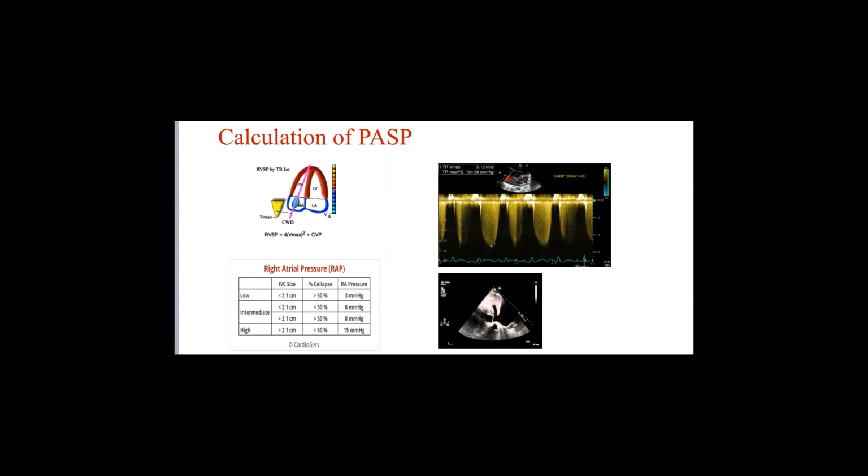The LV systolic pressure is equal to the systolic blood pressure unless I have AS. So you calculate the RV systolic pressure from the TR signal by this pressure gradient added to the right atrial pressure, and the right atrial pressure is derived from the IVC.